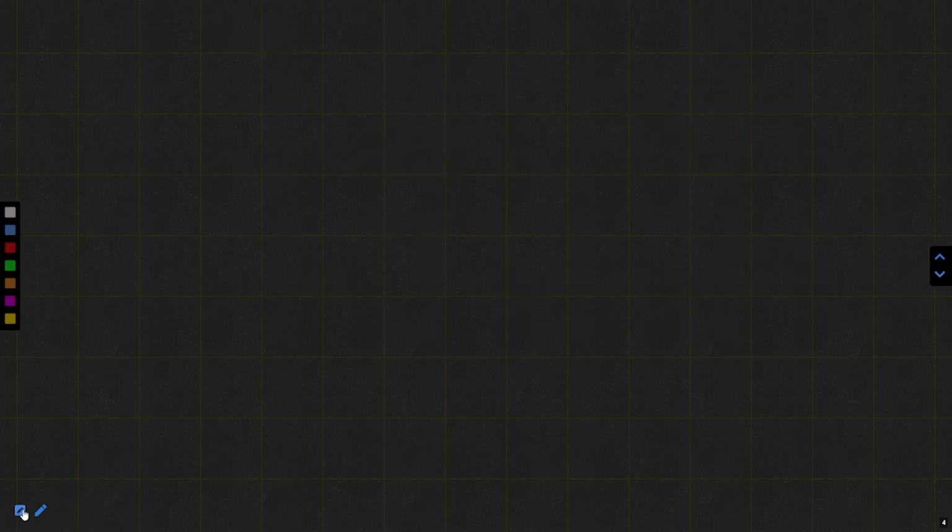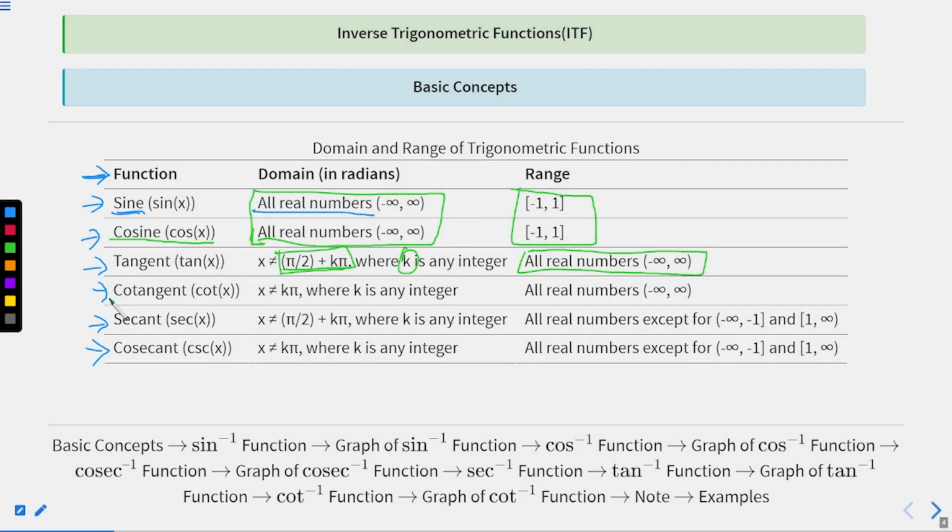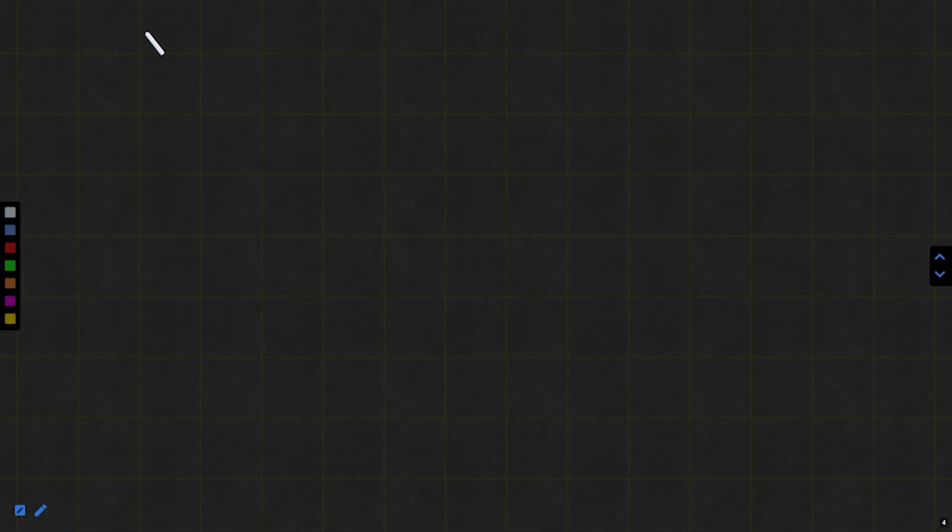Okay, now for cotangent, what do we mean by cotangent? Cotangent, cot x is equal to what? The ratio of cos x by sin x. You all know that it is cos x by sin x, or what you can say is 1 by tan x. So cot x is equal to cos x by sin x, and we know the denominator cannot be equal to 0.